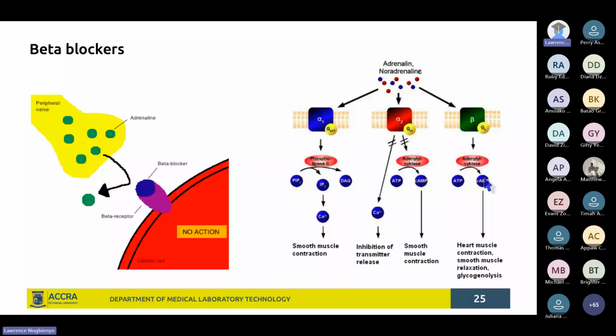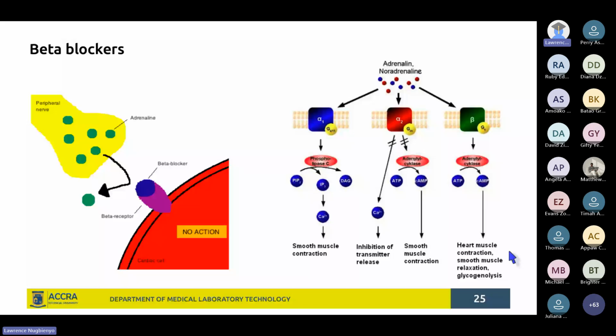That second messenger is involved in a cascade of reactions, which then results in cardiac muscle contraction and relaxation, responsible for the rhythm of the heart, or say blood pressure, for instance.